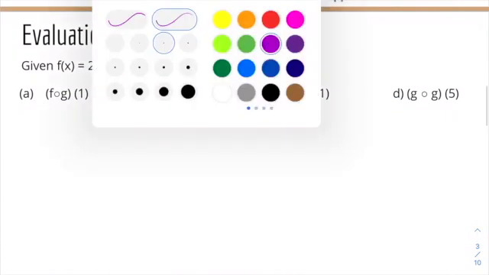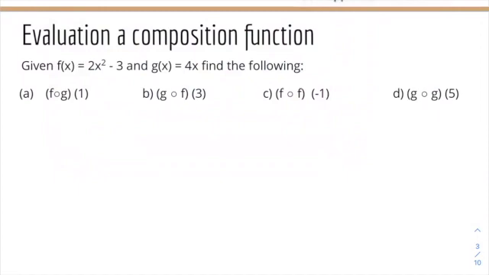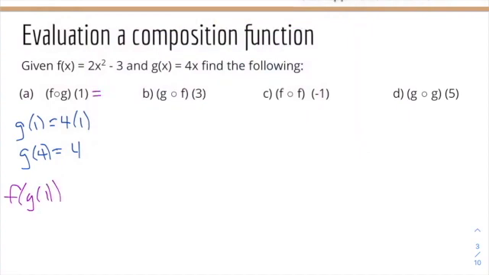All right, so evaluating a composition function. So f of g of 1, first thing that we can do is find g of 1, which means that I have 4 times 1. So g of 1 is equal to 4. Now that I have this, I input that, and I have f of g of 1, which I guess I could have written at the beginning.